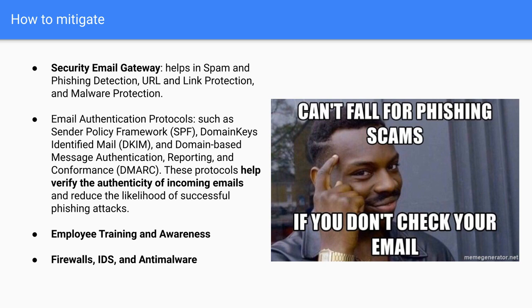So this is not the only thing we can do. We can also make use of email authentication protocols such as SPF, DKIM and DMARC, and all of these protocols are intended to help verify the authentication of incoming emails.